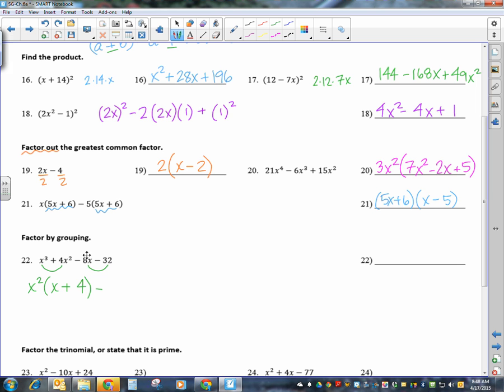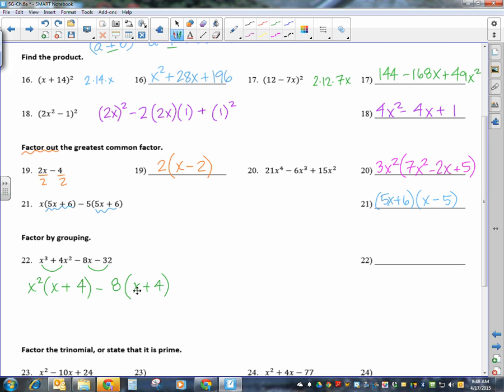Now, 8x and 32 have a common factor of 8, okay? And I've told you that to simplify things, if these two aren't the same, you can't go any further. So I would go ahead and write x plus 4, and then check it to make sure you factored that out. Look, I wrote x plus 4.